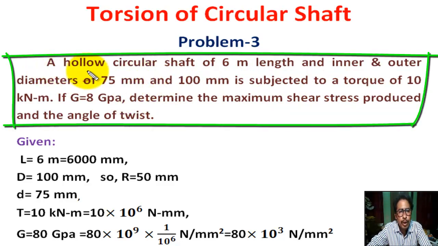A hollow circular shaft of 6 meter length and inner and outer diameter 75 millimeter and 100 millimeter.